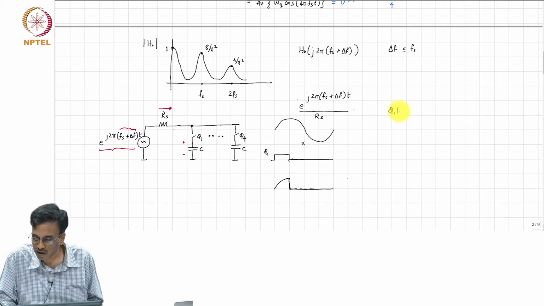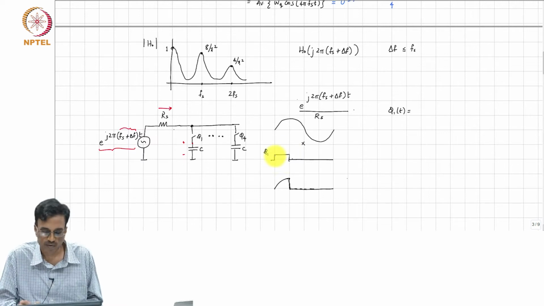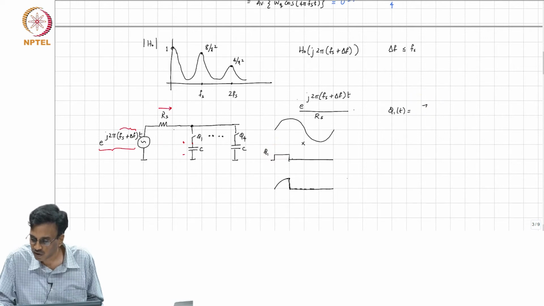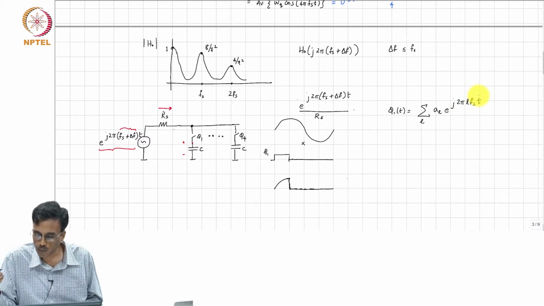Phi 1 of t is basically 1 for Ts by 4 and 0 otherwise. So, this can be expressed as a Fourier series. So, A sub L e to the j 2 pi L Fs times t, correct. So, what will be the component of this current at delta F?